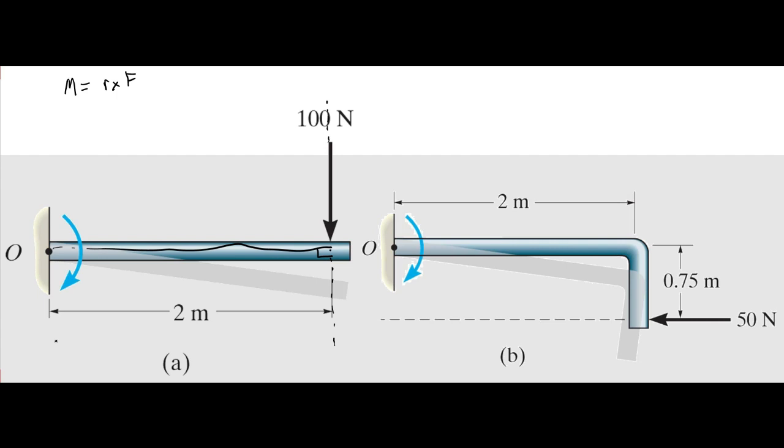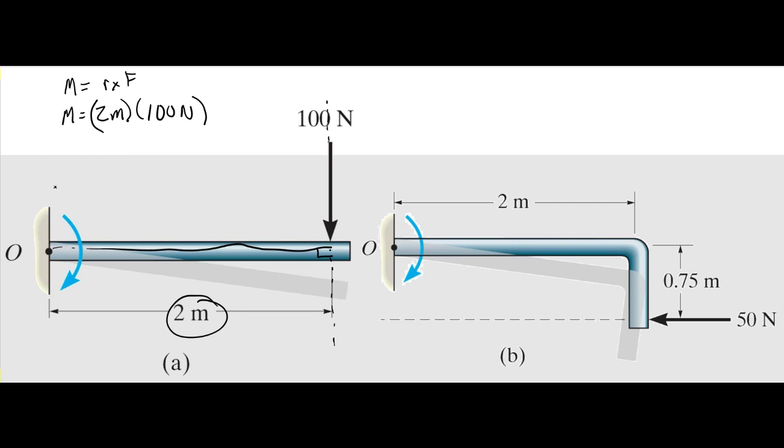So what is that distance? That's 2 meters. So we can say M is equal to 2 meters times 100 newtons.